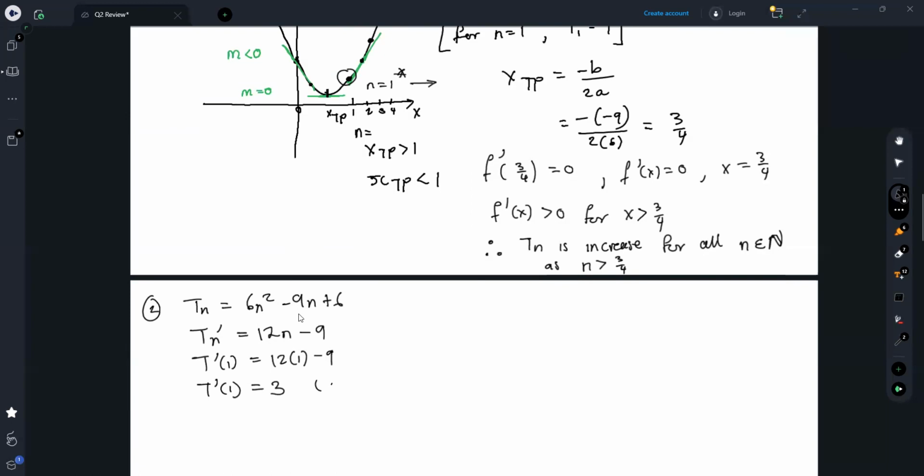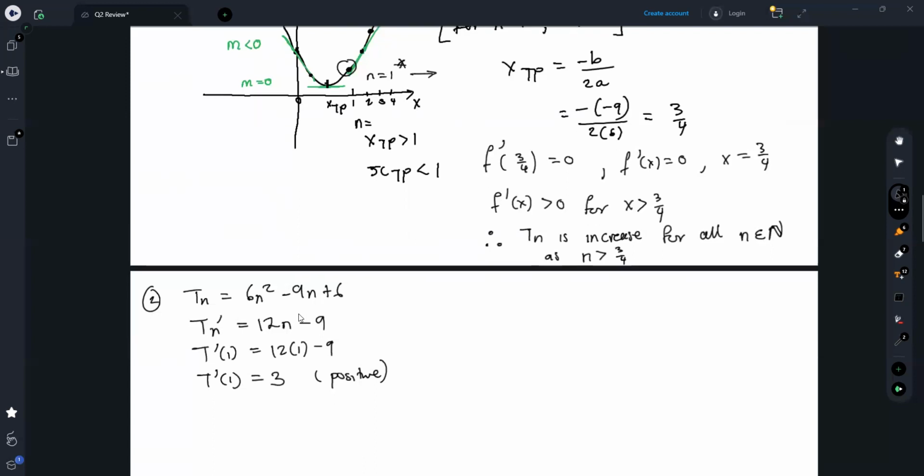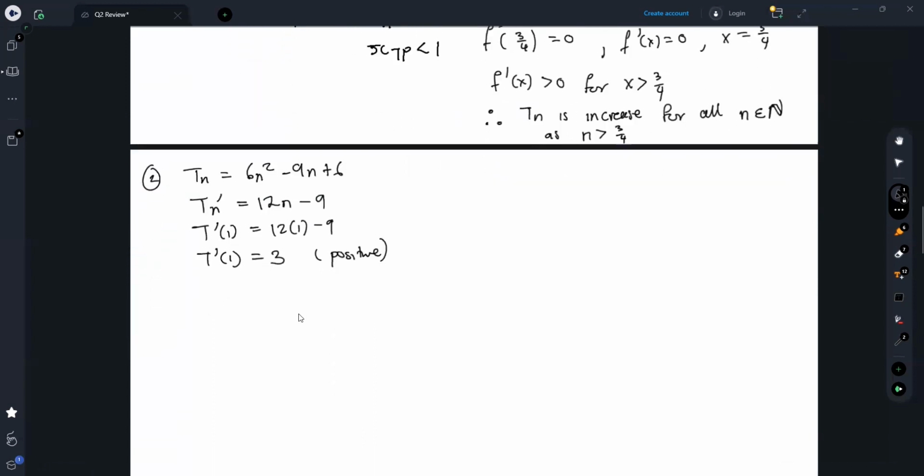Okay, that's positive. So what are we going to say here? Well, the gradient of the function, remember that natural numbers start from 1. T prime of n is greater than 0 for n an element of natural numbers. Therefore, T of n is increasing.